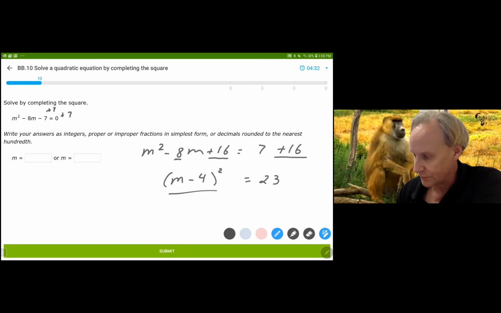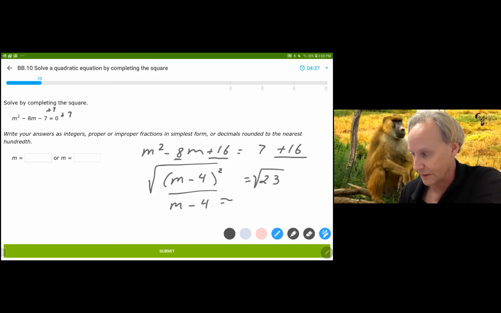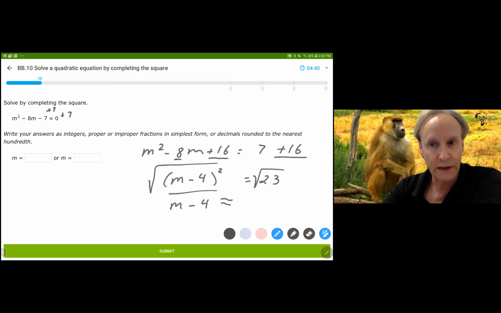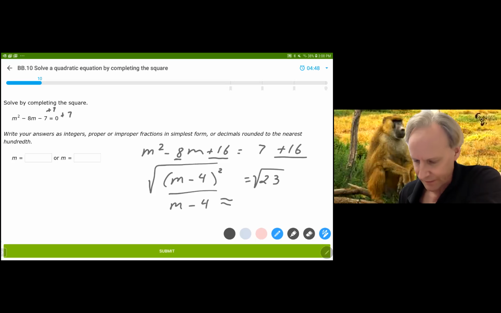So we have to take the square root of both sides. And I get m minus 4 is approximately the square root of 23, which is about 4.8. It's actually 4.80 if I round it.